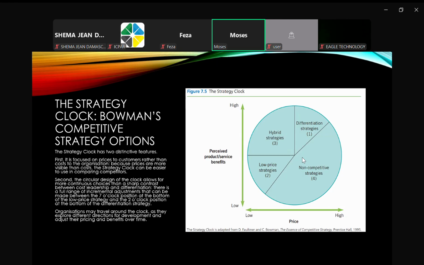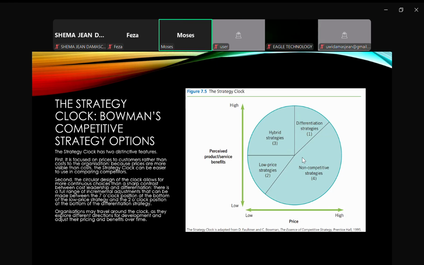There's something we call the strategy clock. The strategy clock is another model which is similar to Michael Porter's generic strategies. The difference is that instead of using cost as the determinant for competitiveness, this model uses something we call price.